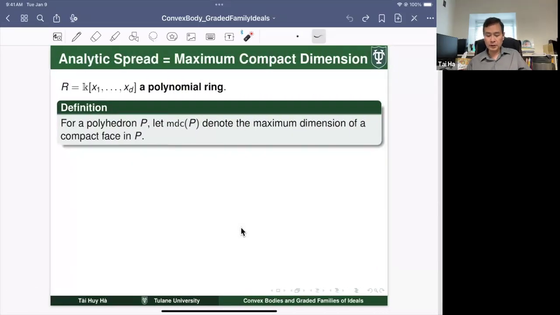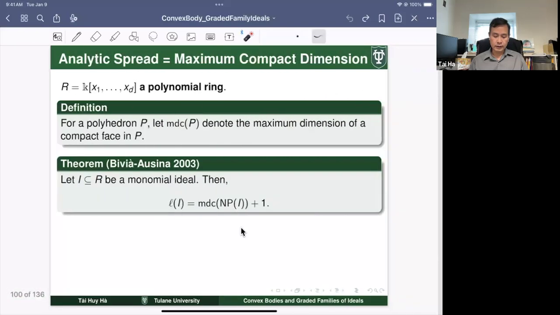So let me go back to the polynomial ring setting. Again, if we have a polyhedron, then we're going to define MDC of the polyhedron, for maximal dimension of compact face, right? Then Bivià-Ausina proved that if you have a monomial ideal, then its usual analytic spread is the same as one more than the maximum compact dimension of its Newton polyhedron.